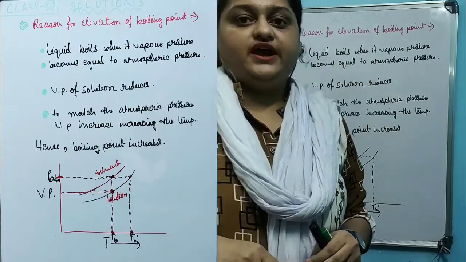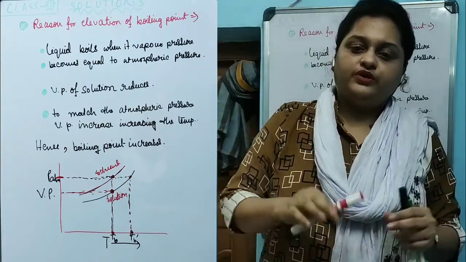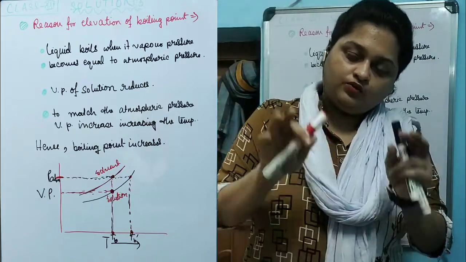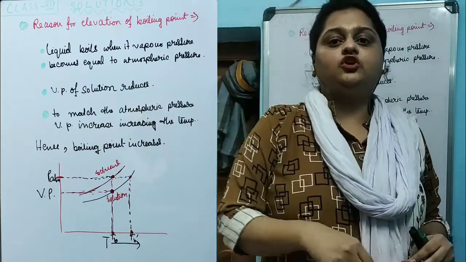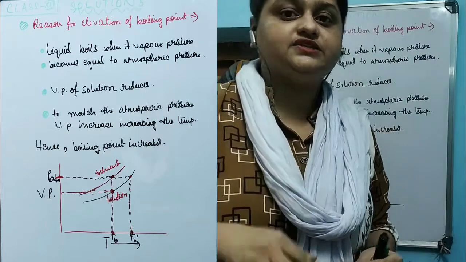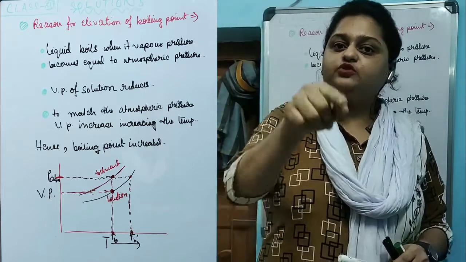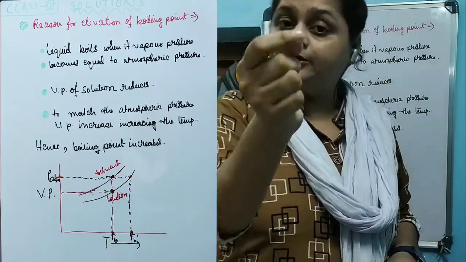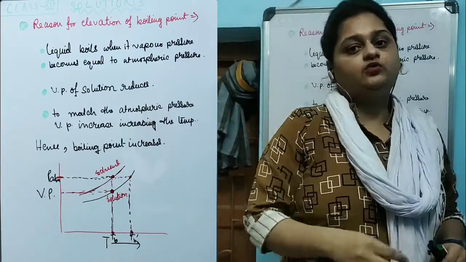Any liquid boils when its vapor pressure becomes equal to the atmospheric pressure. Now we know that the vapor pressure of a solution is less than the vapor pressure of the pure solvent at a particular temperature. Supposedly at 100 degrees Celsius you have taken water.